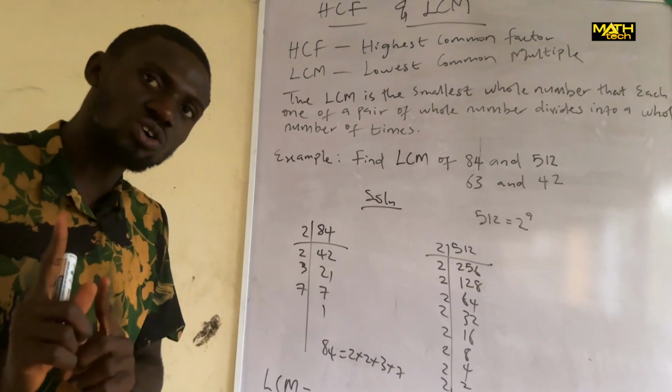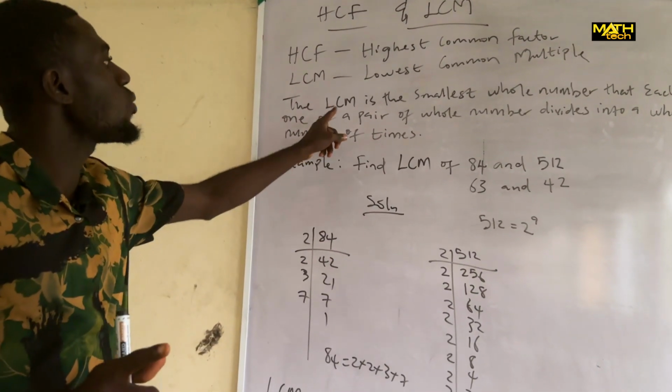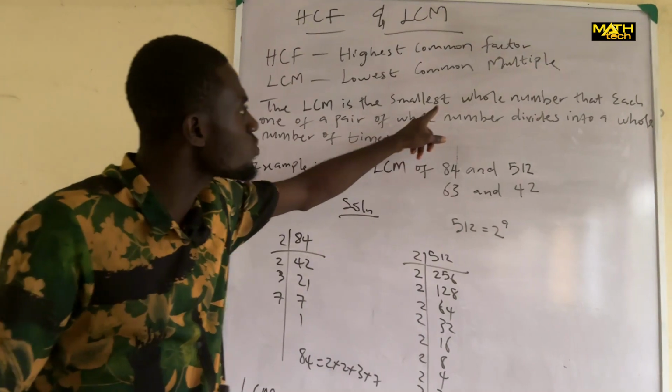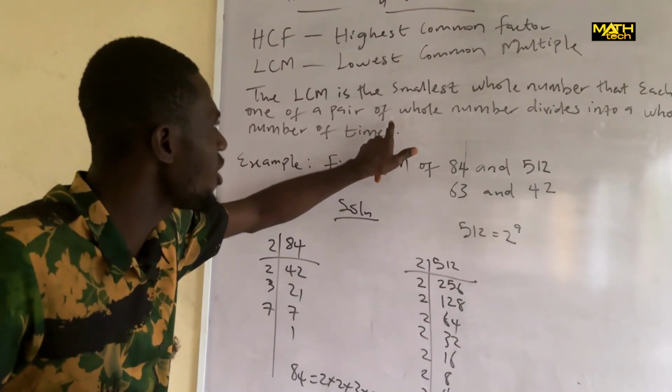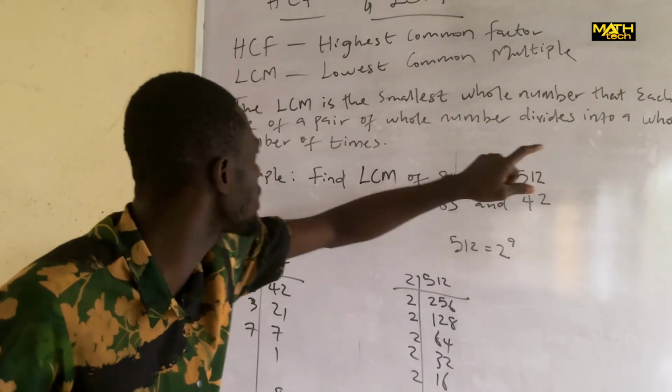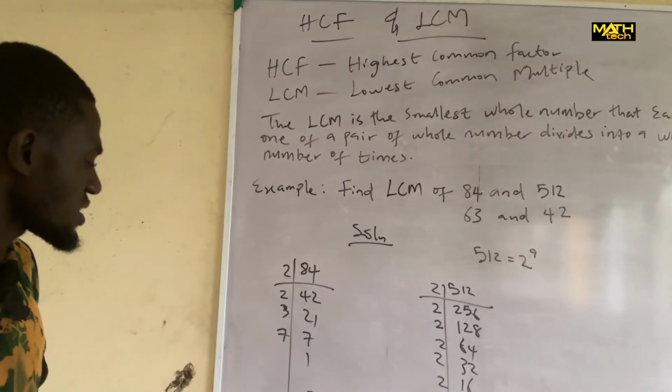But by the definition, the lowest common multiple is the smallest whole number that each one of a pair of whole numbers divides into a whole number of times.